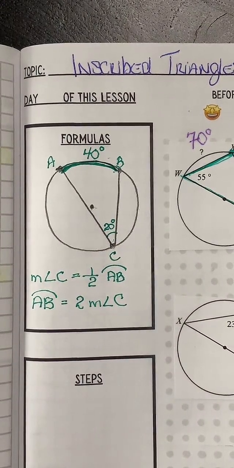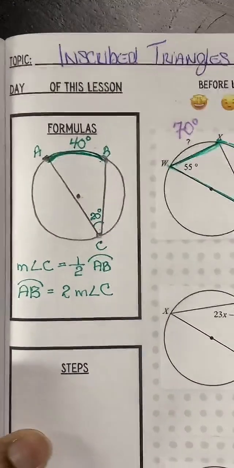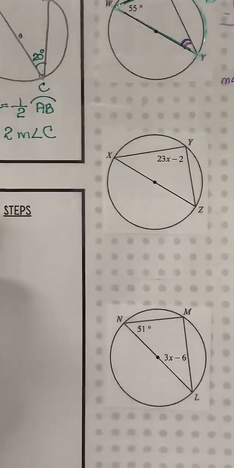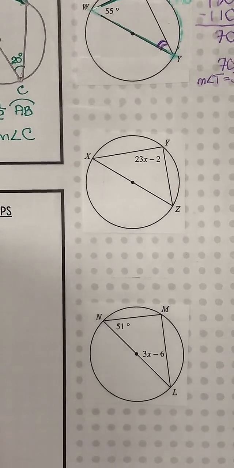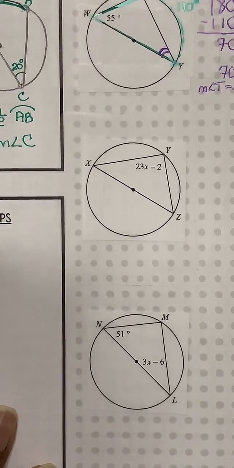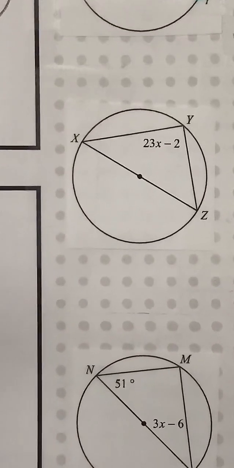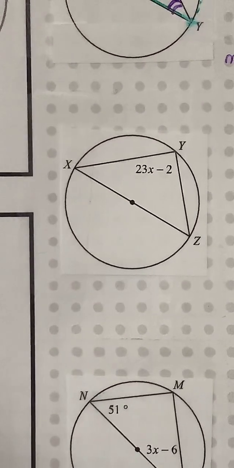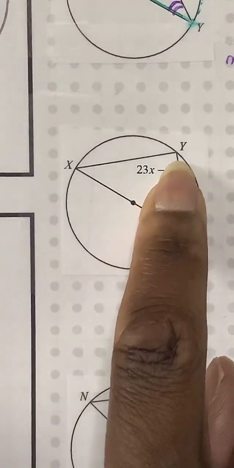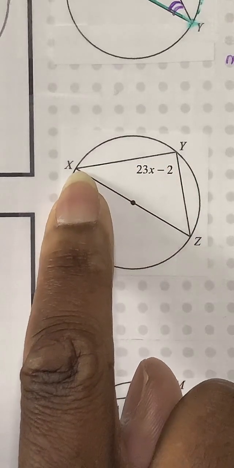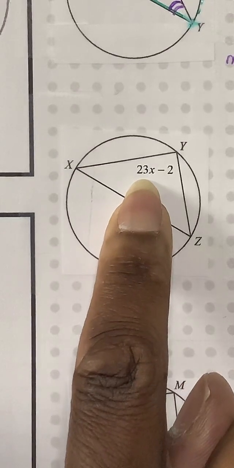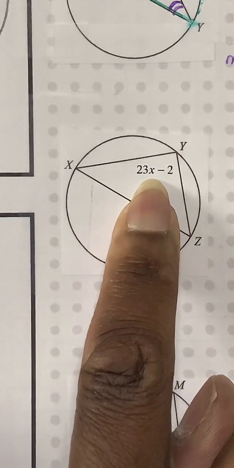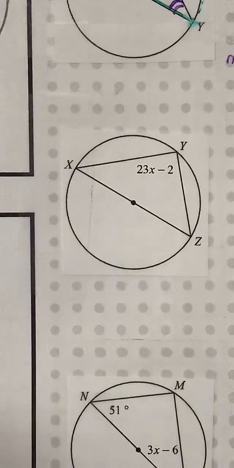So let's do it by looking at a couple of examples. We're on to this one. We have this angle, x, y, z, and the angle measure is 23x minus 2.